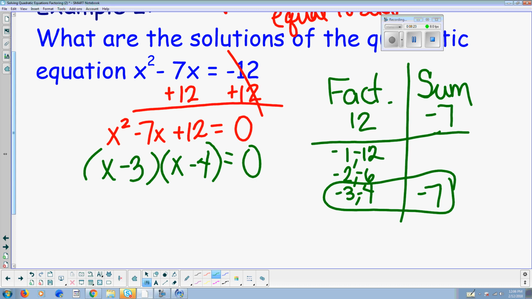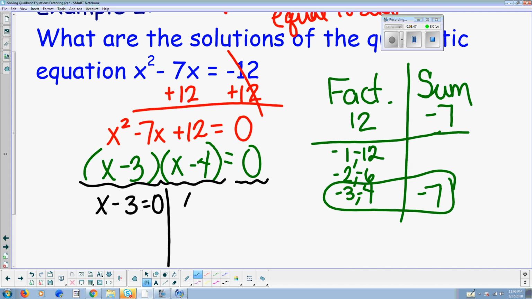Now, according to the zero product property, which I can now use, if I have one factor multiplied by a second factor, and the product of those two factors is 0, then that means that either of those factors could have equaled 0. And since they both contain a variable, we set both of them equal to 0.